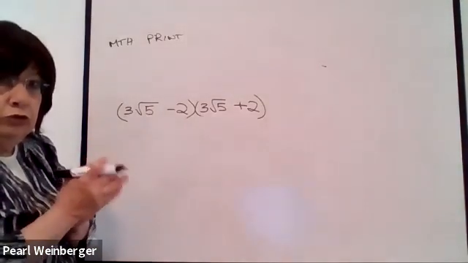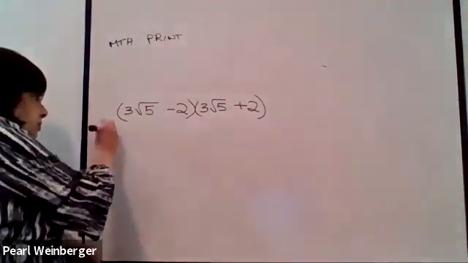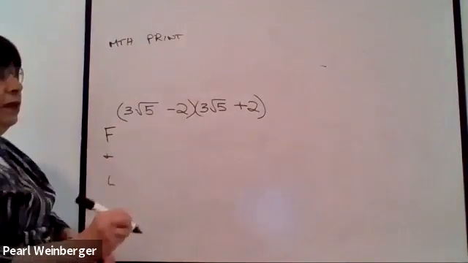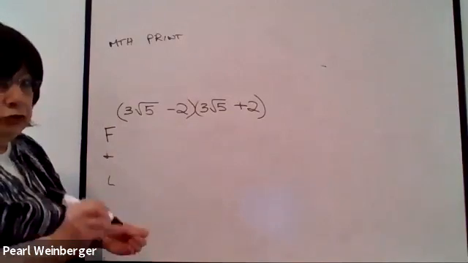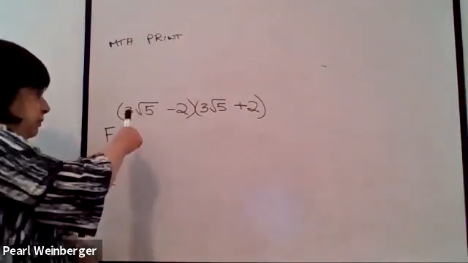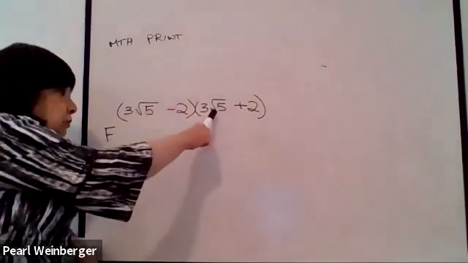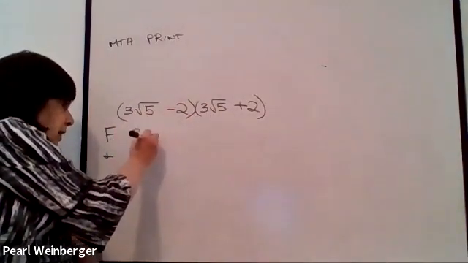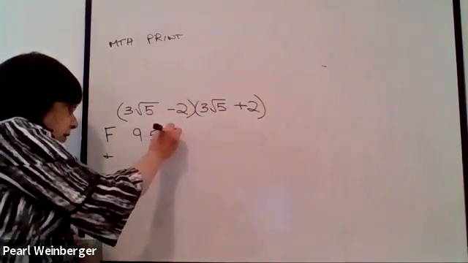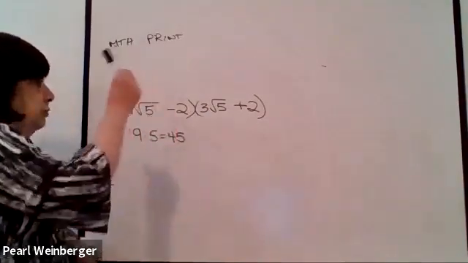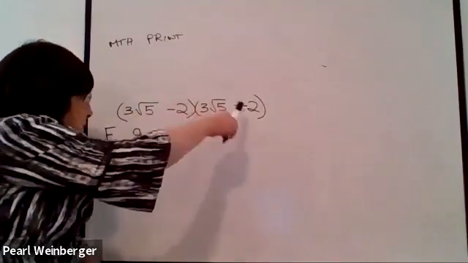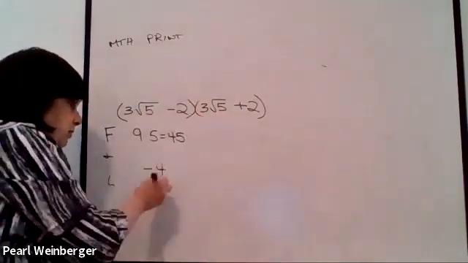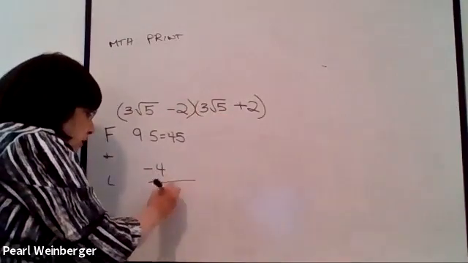So just do first and last, because inner and outer for sure are going to cancel out. So I do 3 radical 5 times 3 radical 5, which gives me 9 times 5, or 45. And then the last, negative 2 times positive 2, which is minus 4. And 45 minus 4, your answer is 41.